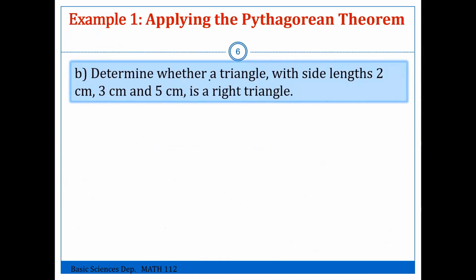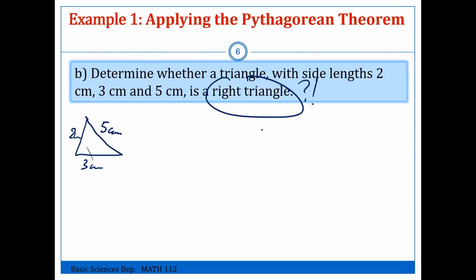Another question. Here we are given a triangle with sides 2 centimeters, 3 centimeters and 5 centimeters. We are given the lengths of the sides. The question: is it a right triangle?